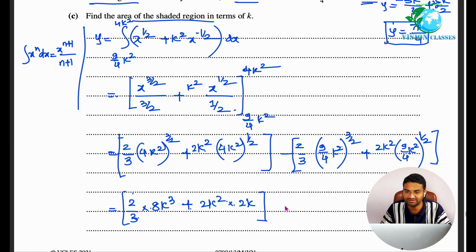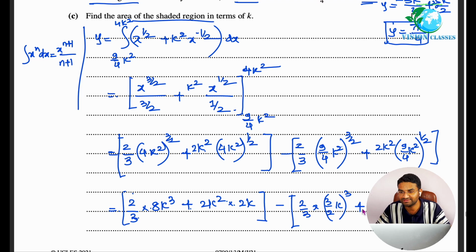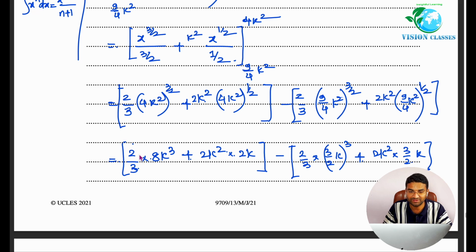Fine. Then next the subtraction. Here again the square root of 9 by 4 is 3 by 2 k, right? So 2 by 3 times 3 by 2 k cube plus 2k square as it is, times 3 by 2 k, done, that's it. Okay, and the further simplification is a bit lengthy.